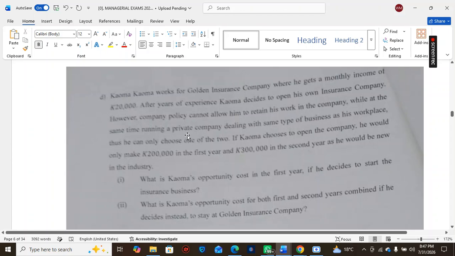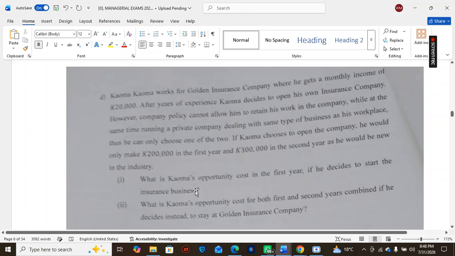Thus, he can choose only one of the two. If Kaoma chooses to open the company, he would only make 200,000 in the first year and 300,000 in the second year, as he would be new in the industry. So, question one: what is Kaoma's opportunity cost in the first year if he decides to start the insurance business?